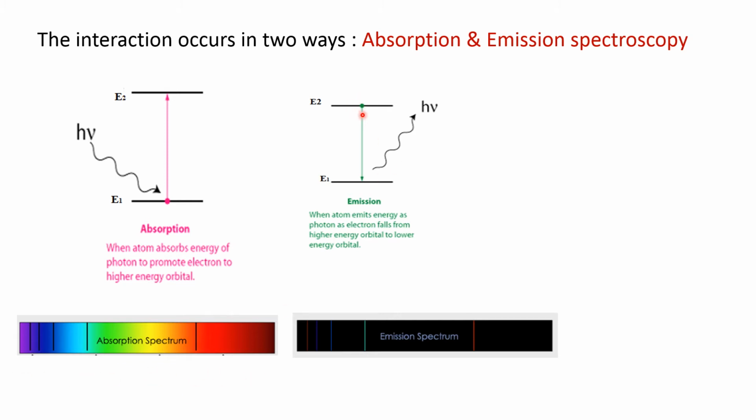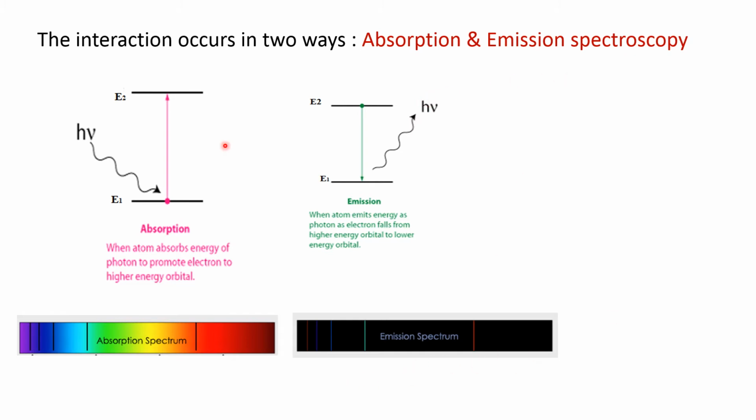And if an atom is already in E2 state, because of interaction with electromagnetic radiation it is falling down from E2 to E1. Then it emits some electromagnetic radiation in the form of h nu, that is in the form of light. And since it is falling from top level to bottom level and emitting radiation, this can also be captured, and this is called emission spectroscopy.